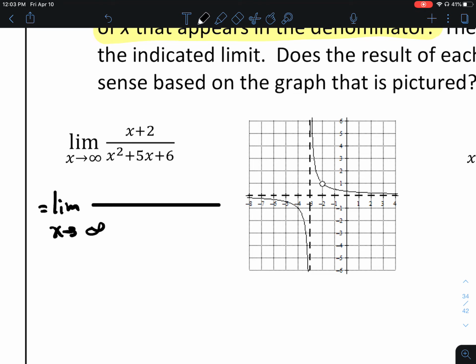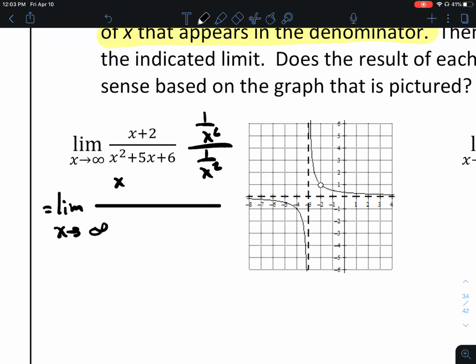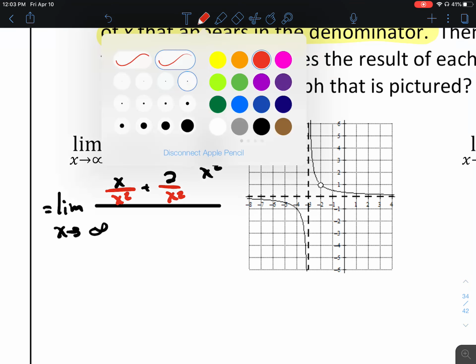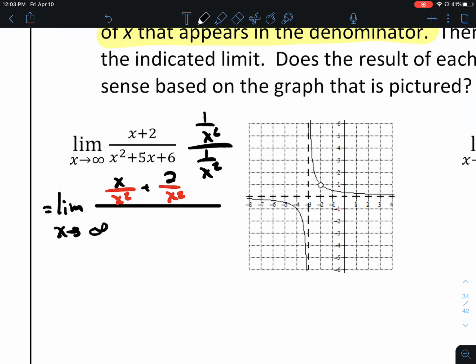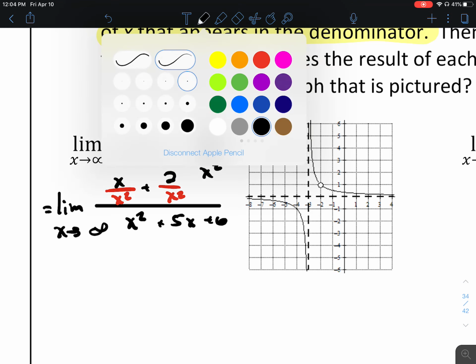We're going to multiply this by 1 in the form of 1 over x squared over 1 over x squared, which essentially means we're going to take all the original terms and divide them by x squared. That's what that means.